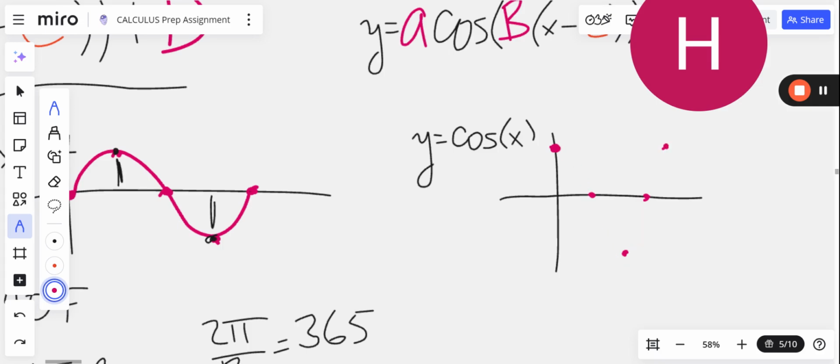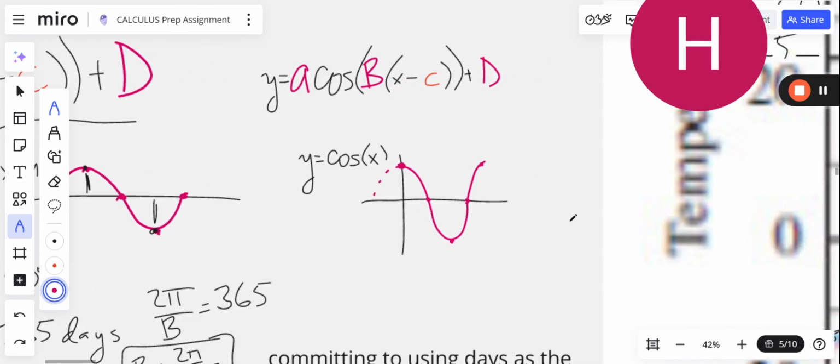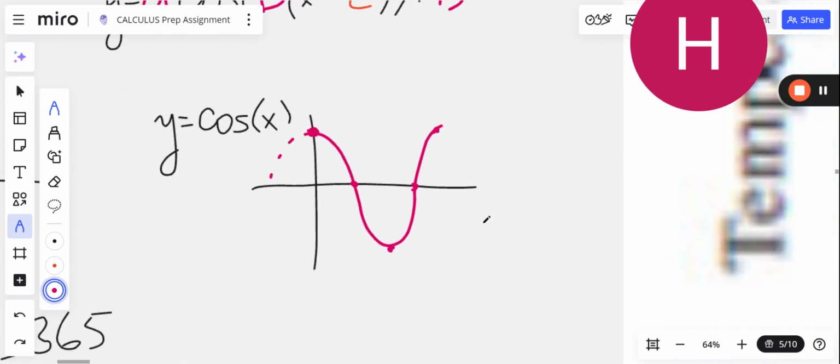Oops, it's kind of bad tracing. It's a little better. And so this is the same as a portion of the sine curve, as you can see. It's just starting at a different place. It's almost as if it were shifted forward. And that gives you the cosine curve. So just keep that in mind when we're looking at cosine graphs and cosine patterns.